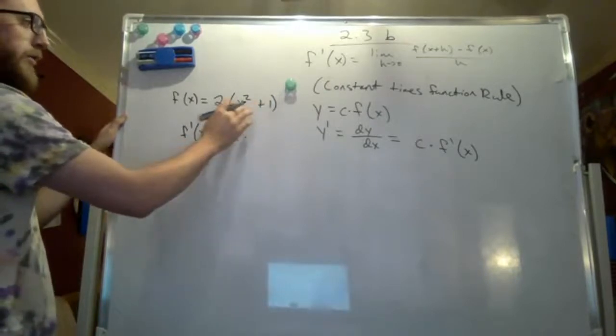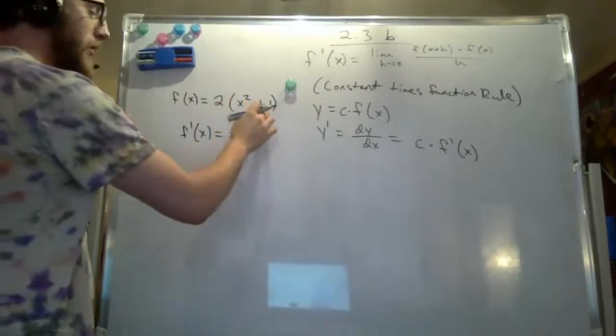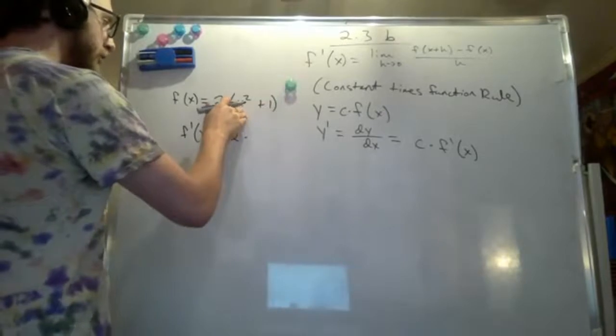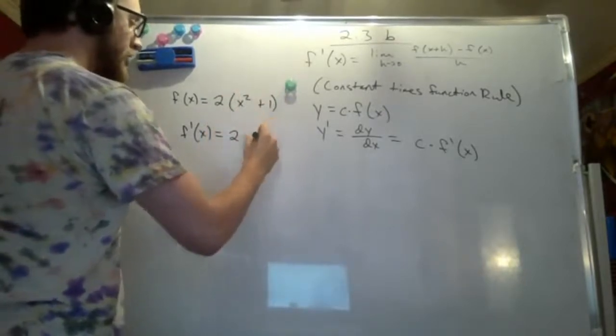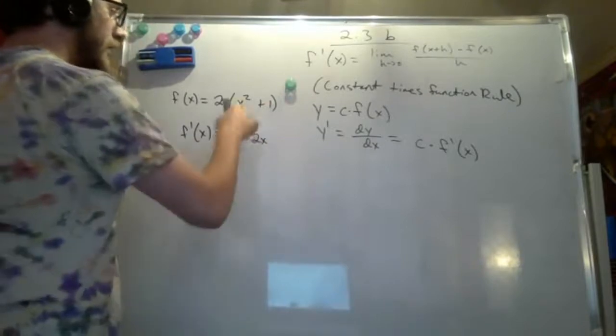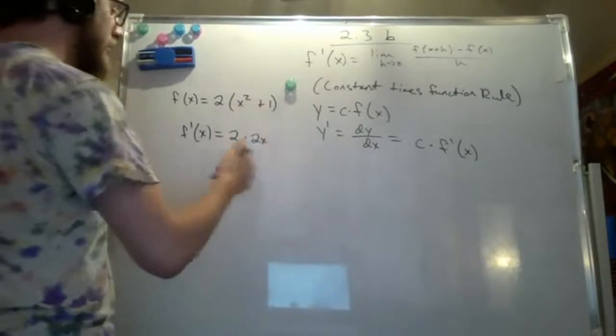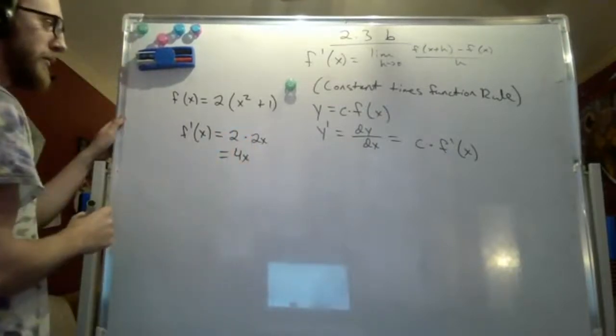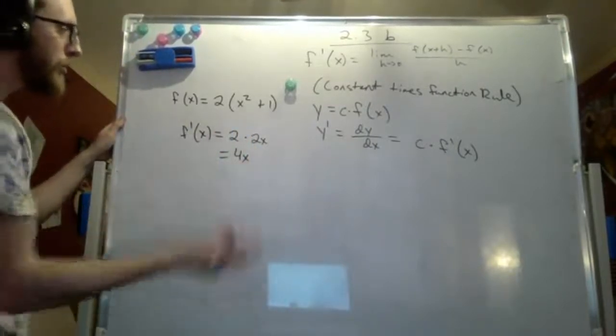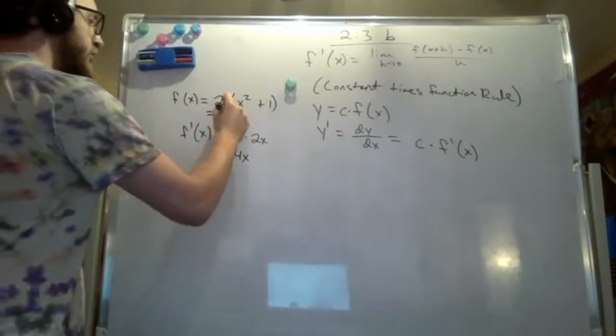Well, the derivative of x squared by the power rule is just 2x. And the derivative of 1, well, it's a constant, so it's 0. And so we have 4x for our final answer, which we would have gotten anyways if we chose to distribute the 2.